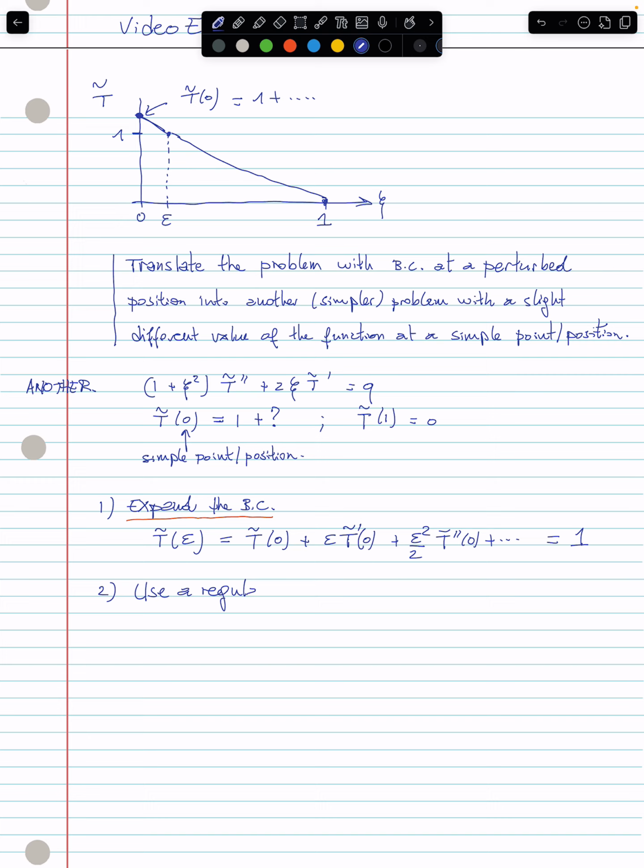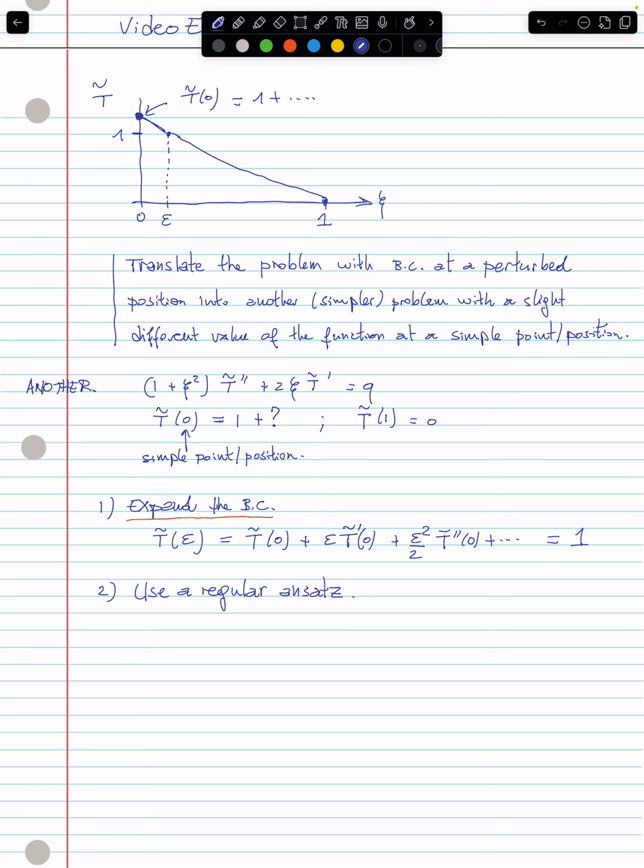Why regular? Because you see that the problem is not really singular. We haven't changed the nature of the problem in the unperturbed problem. In the unperturbed version of the problem, we would just have measured this quantity over here, and t tilde 0 over here would just be equal to 1. So clearly this is a regular perturbation, so we can use a regular ansatz.